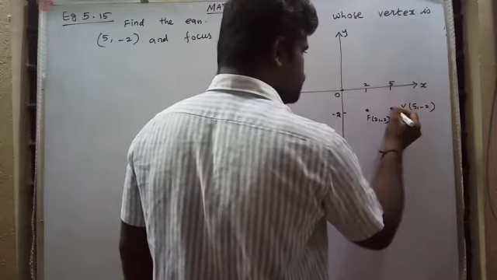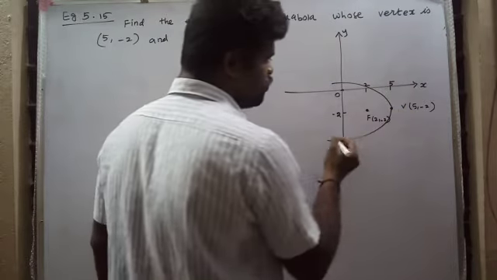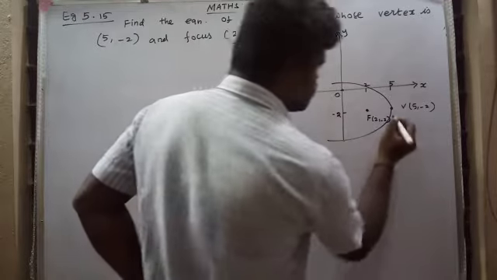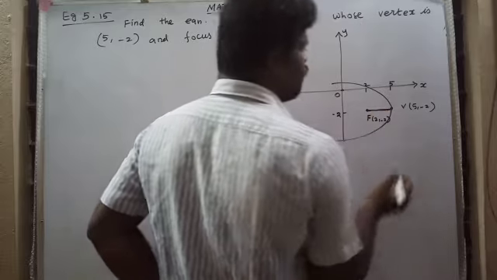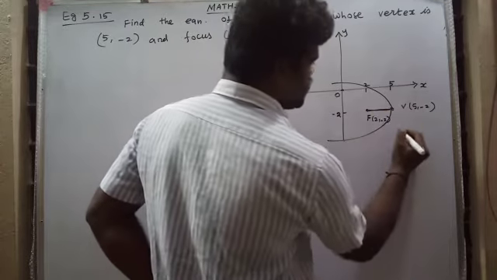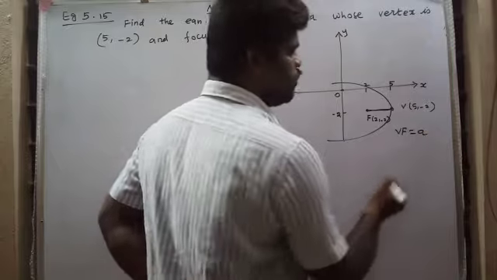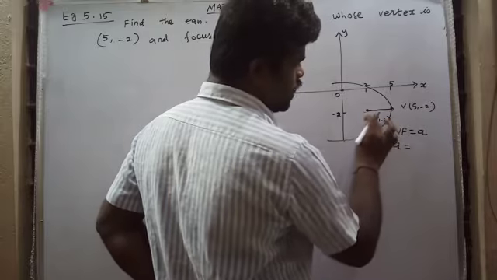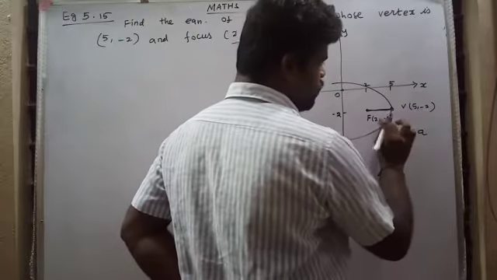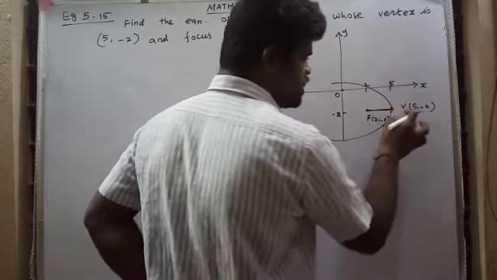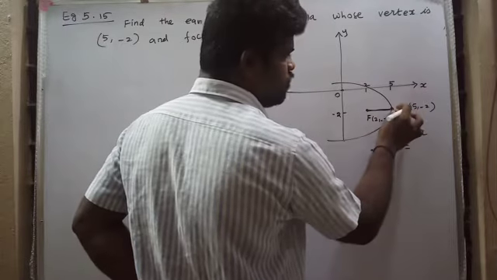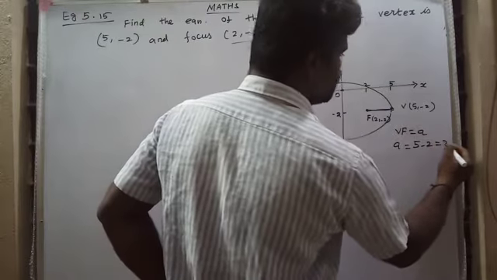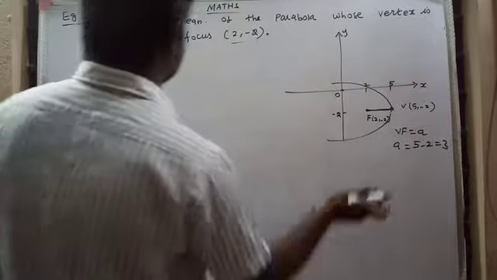Therefore the parabola must open leftward, because it wraps around the focus F. The distance between V and F is called a, VF = a. Both y-values are the same, −2, so we find only the x distance. The x value in V is 5 and in F is 2. So 5 − 2 = 3. This is the value of a.